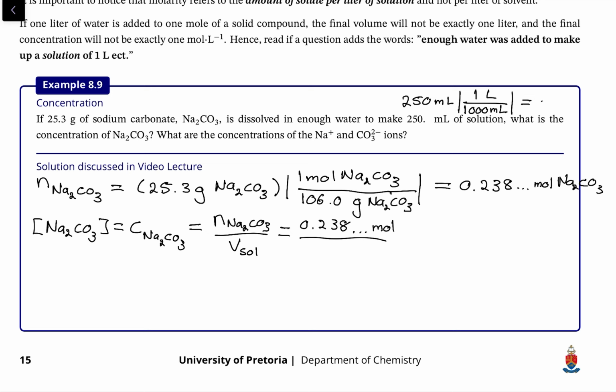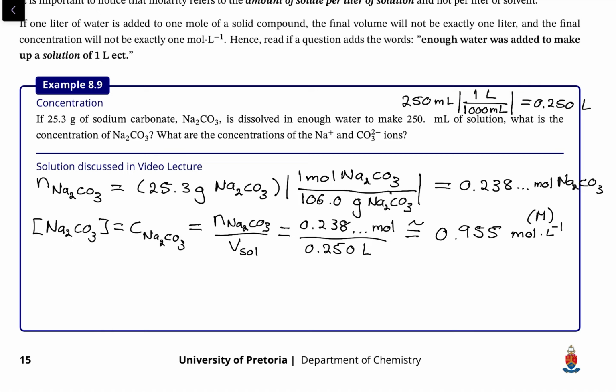In other words, that gives us 0.250 liter. And you can round this because that's the first part of the question. So that gives us 0.955 mole per liter, or molar. Cool. So that's the first part of the question.